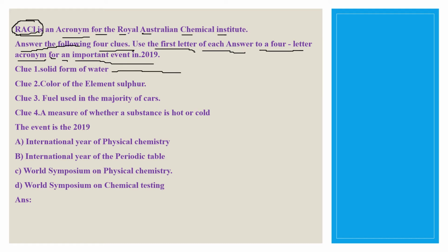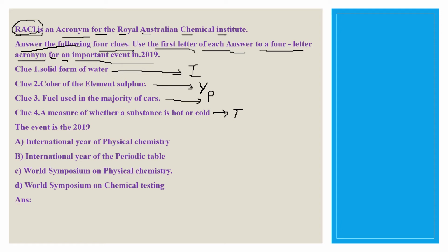First clue: solid form of water is ice. First letter is I. Second, color of the element sulfur: yellow. First letter is Y. Fuel used in the majority of cars: petrol. Then a measure of whether a substance is hot or cold: temperature.